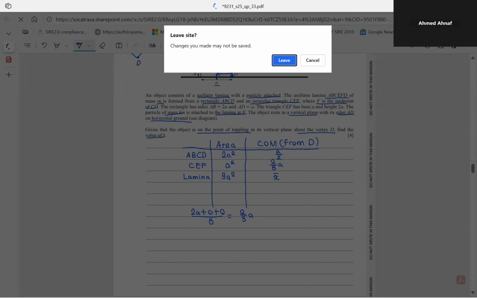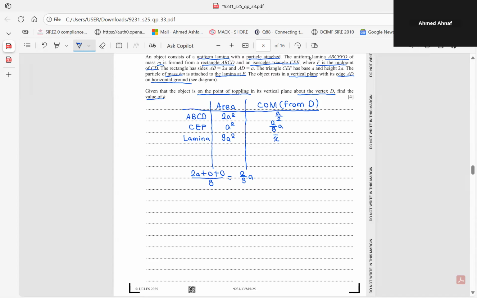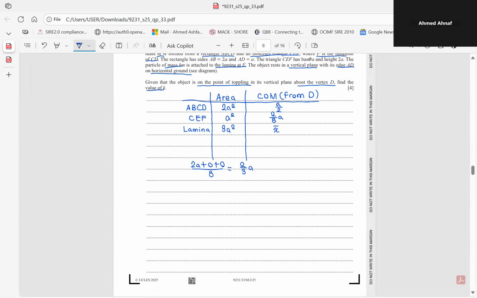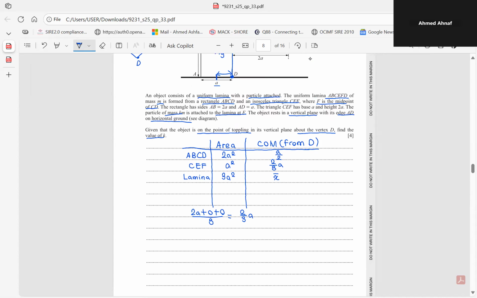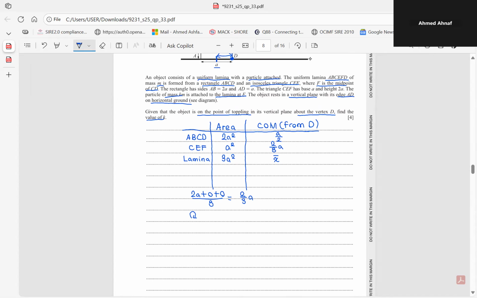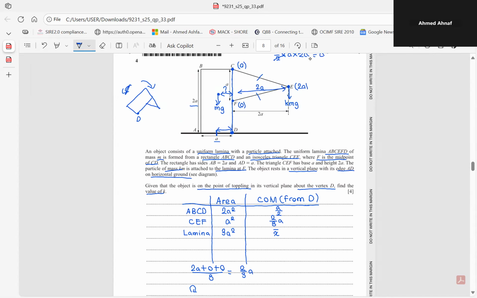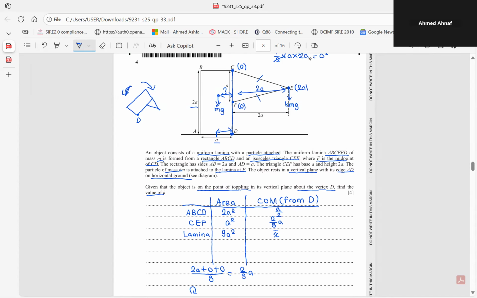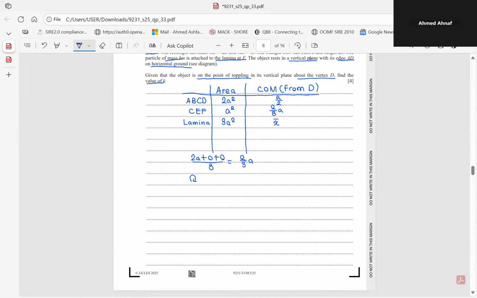Now we're going to take moments about D. We take the moments of ABCD and CEF and equate them to the moment of the lamina.